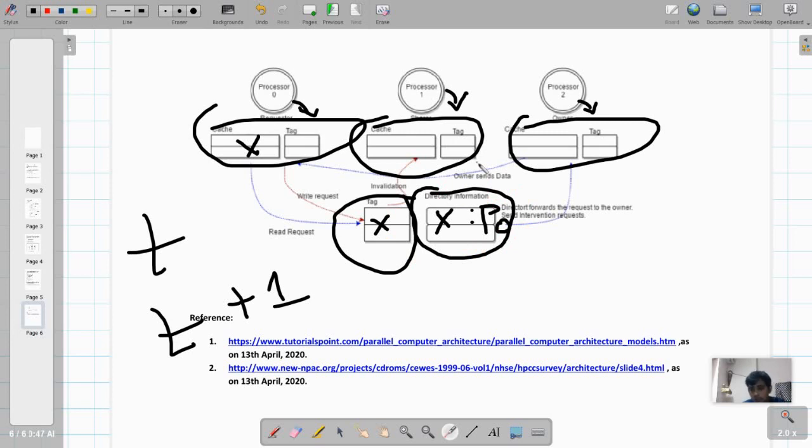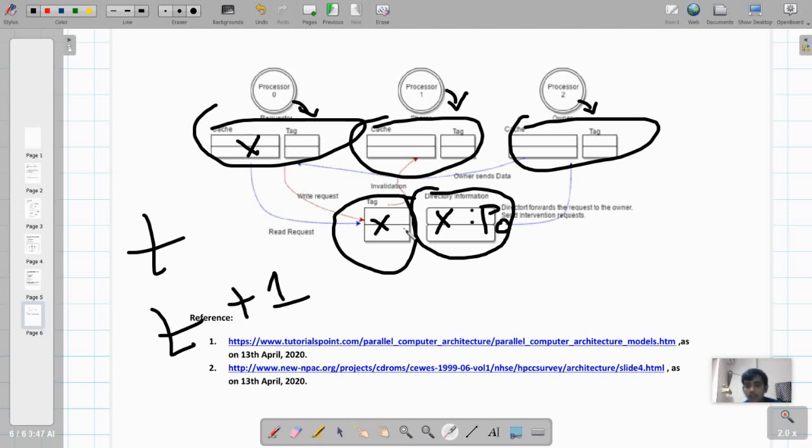Why? Because your fellow neighbor, processor P0, is now modifying this data item. So just hold on for the time being. Let him finish.